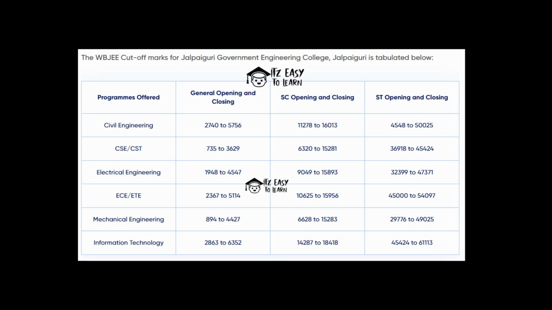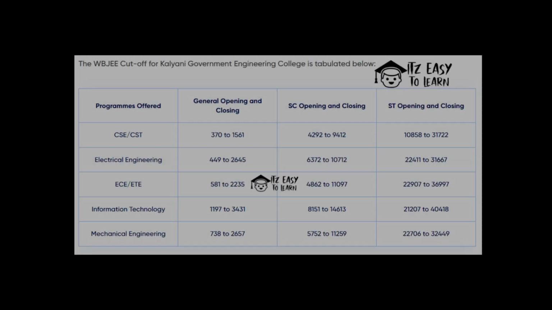And same for electrical, ECE, mechanical and IT, and same for SC, ST. So if your rank is within this range, then you can apply for Jalpaiguri Government Engineering College. I am moving to next college.